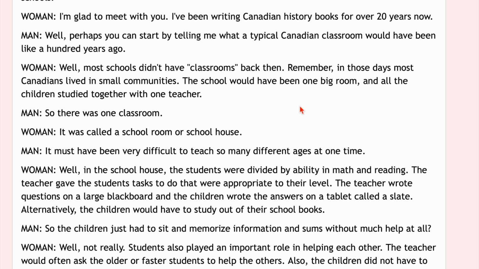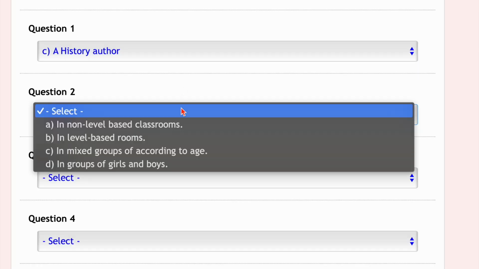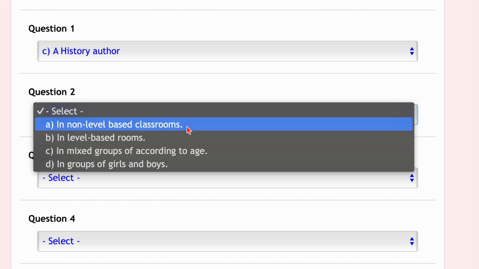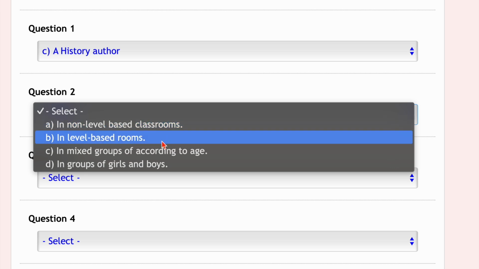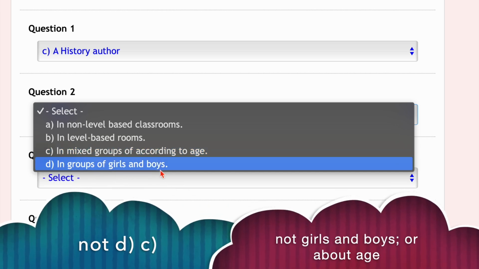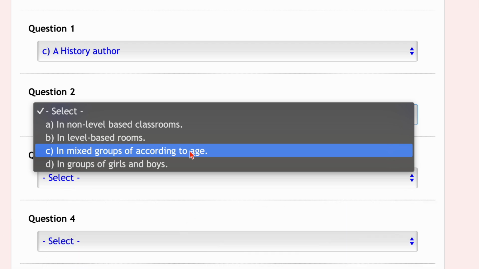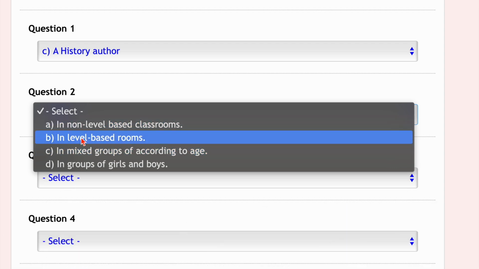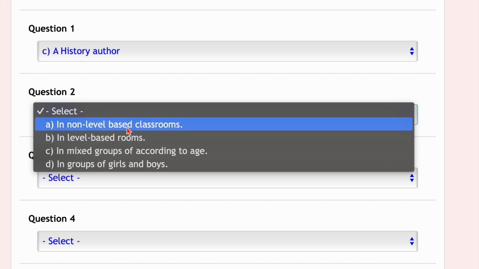Okay, all right. So then, from that information, in non-level based classrooms, okay, in level-based rooms, in mixed groups, well, it's not in groups of girls and boys, because it didn't say about girls and boys, and also not mixed groups according to age, and it did say that they were all together in one room.